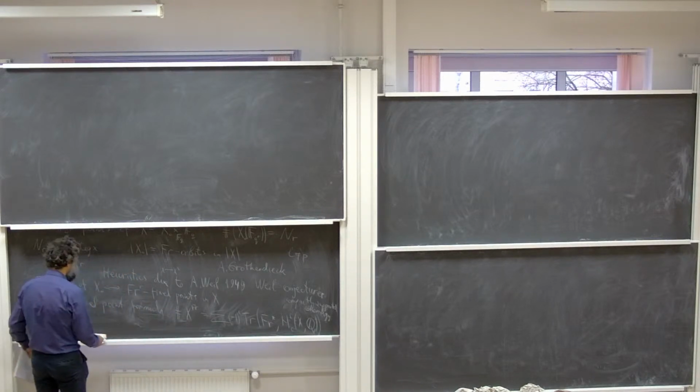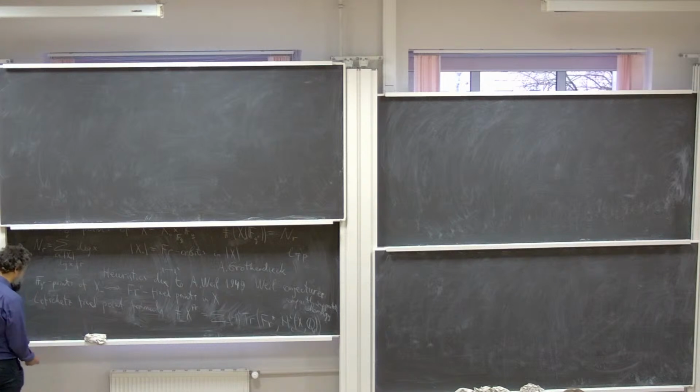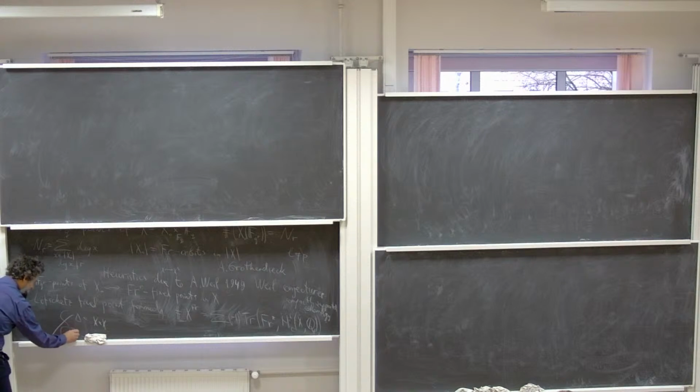Because in the Lefschetz fixed point formula, the multiplicities are the intersections of the diagonal inside X times X and the graph of your automorphism or endomorphism. So they're local intersection multiplicities of the graph and diagonal.